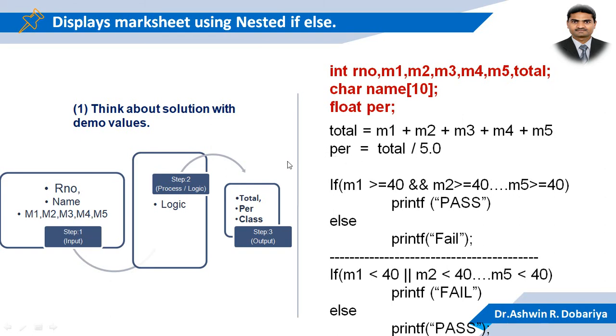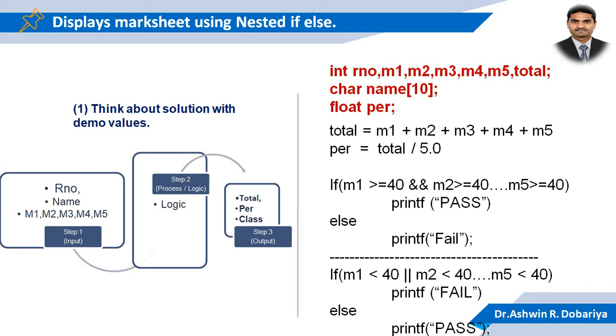Now the actual logic of this program is how we can display the result as pass or fail. Here we have considered the marks out of 100, and the passing mark is, for example, 40. As per the rules, students must score above 40 marks to clear the subjects or a semester, right?